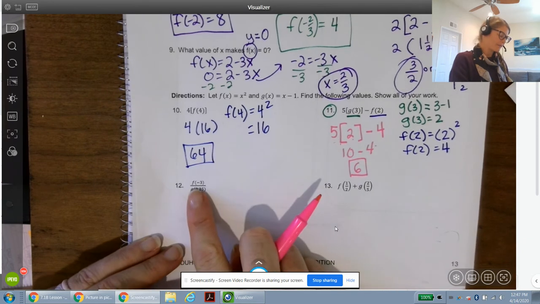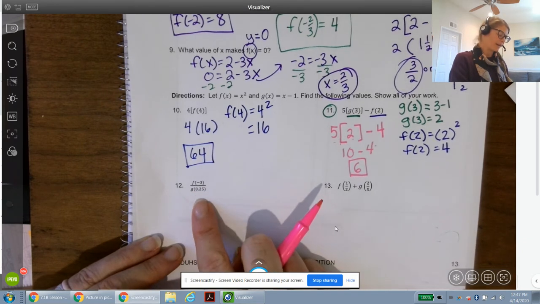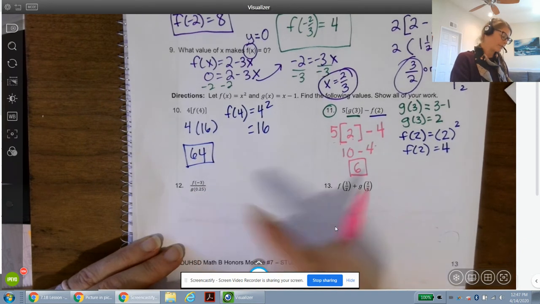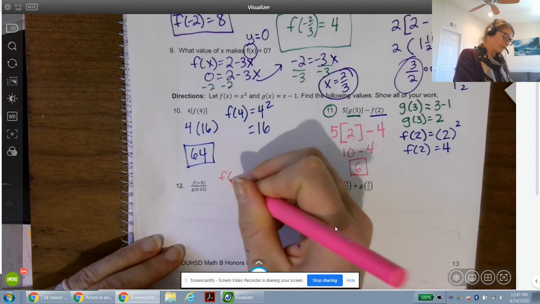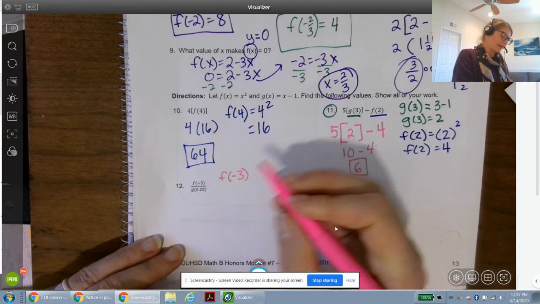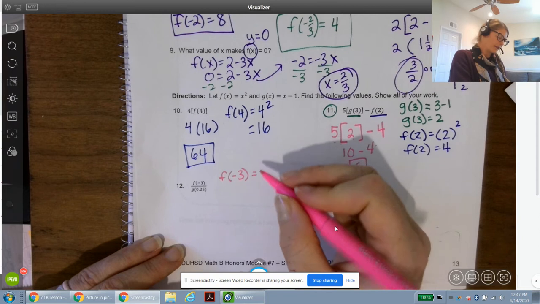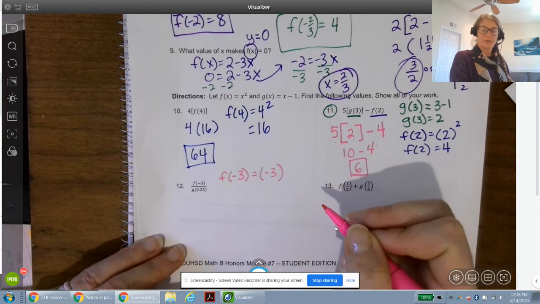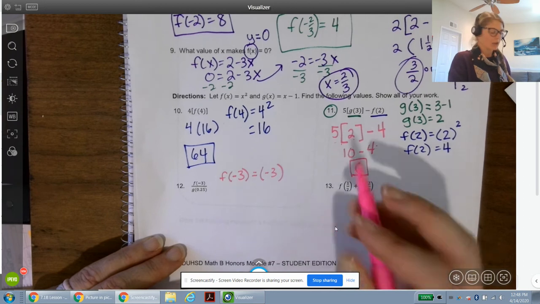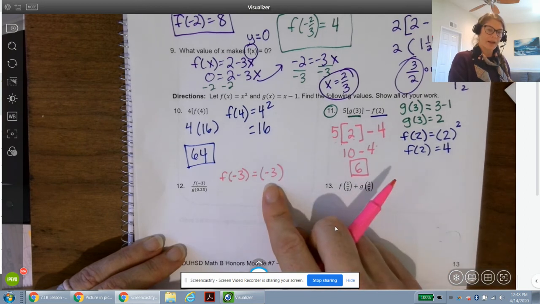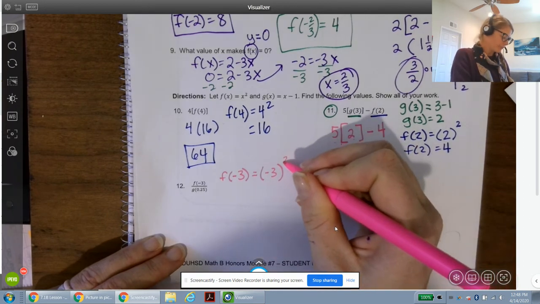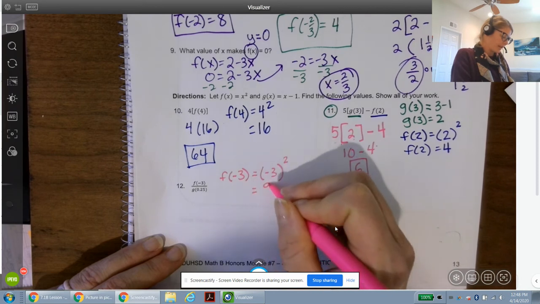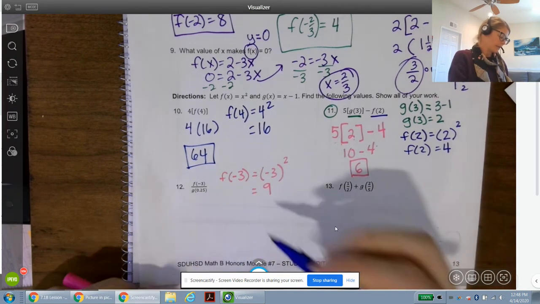Here we have f of negative 3 being divided by g of 0.25. First I'm going to figure out the function f evaluated when x is negative 3. Remember, when we substitute into an equation, or any expression, we always use parentheses around our variable. So f of negative 3 is definitely 9.